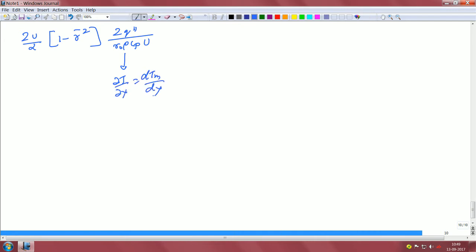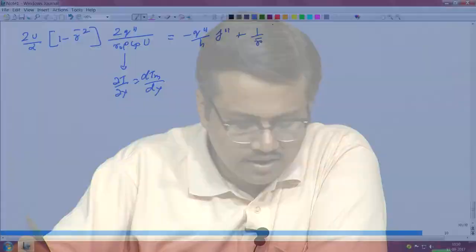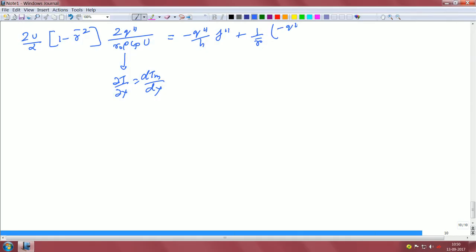That is the substitution that we have made: −q''/h f'' plus 1/r̄ times q''/h f', where h is given as q'' divided by (T0 − Tm).